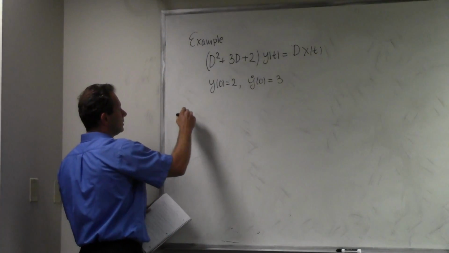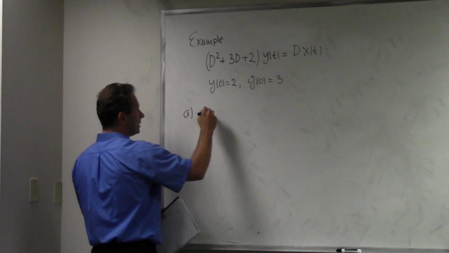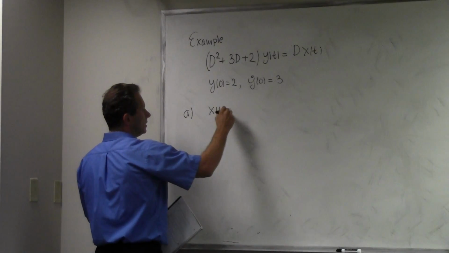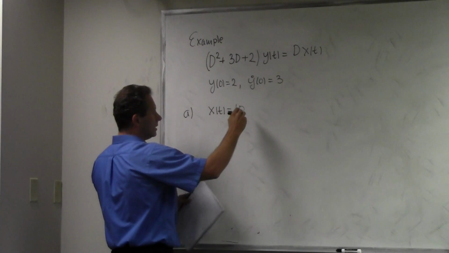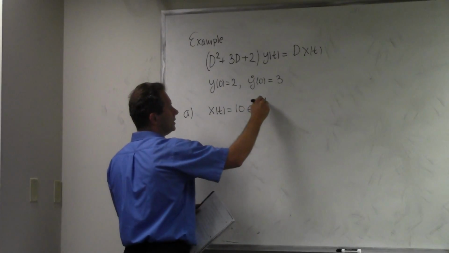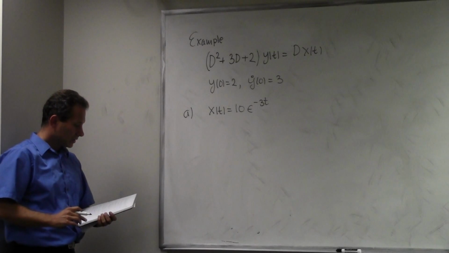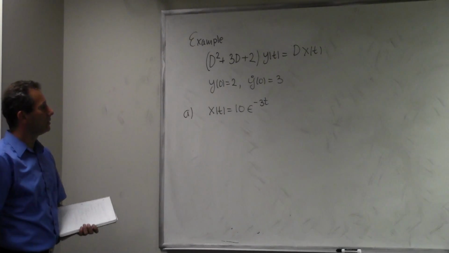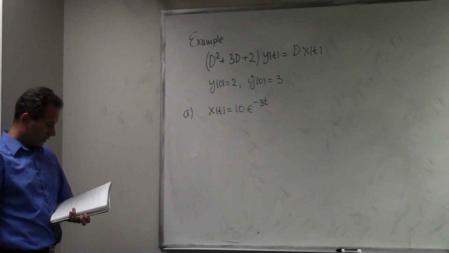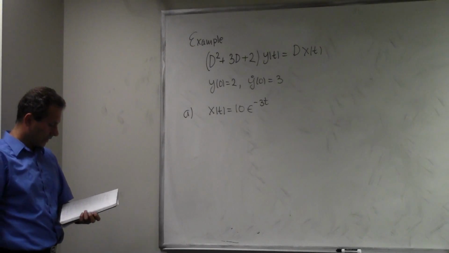And let's take a look at part A that assumes that x of t is equal to 10 e to the minus 3t. Then the question is, what does the output of this system look like?